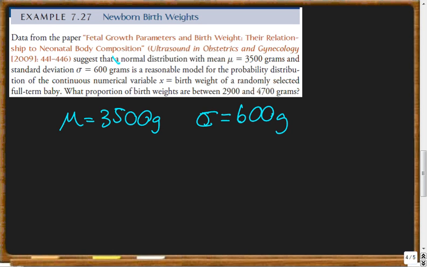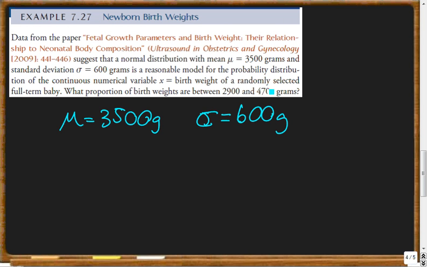They mentioned that it's normal, and that's very key, because normally you can't just assume that. It needs to say that it's approximately normal, that it's close. So now we know we can use the normal distribution. It asks, what proportion of birth weights are between 2,900 and 4,700 grams?